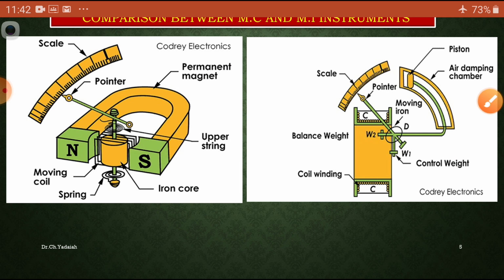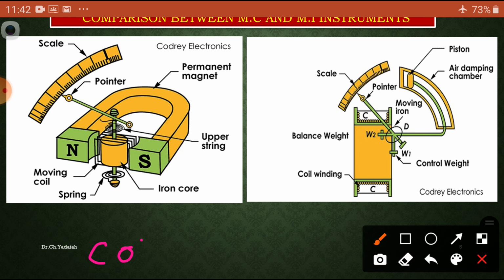Now, another is the construction. From the construction point of view, which is delicate, which is strong, which is robust, we are going to see. The moving coil instrument is very delicate, because of the coil itself.